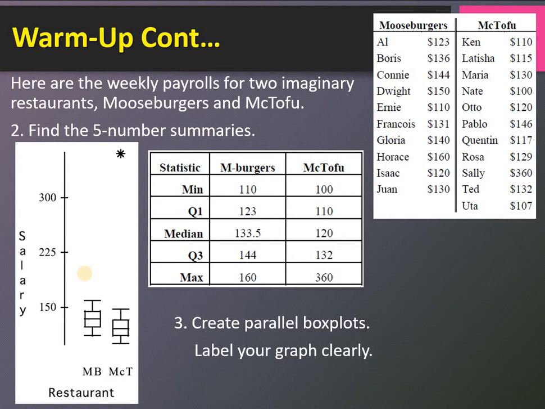I might say that the interquartile range for Mooseburgers is 21, which is very similar to McTofu's interquartile range of 22. But because of the outlier, McTofu has a much greater spread or a much larger variability.